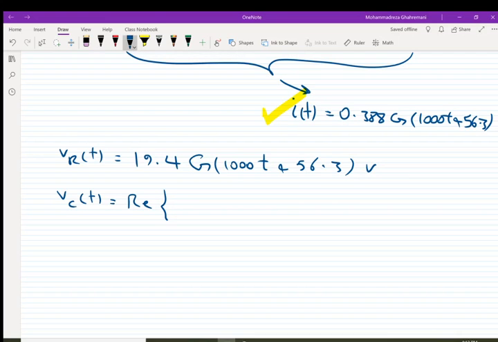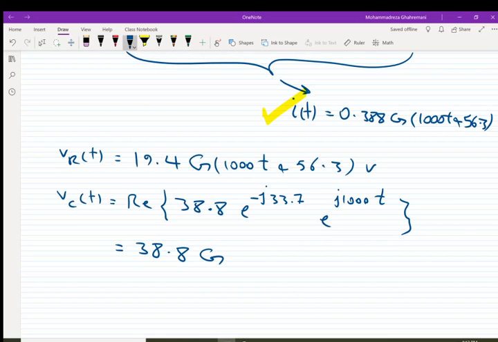It's the real part of 38.8 e to the negative j33.7 times e to the j1000t, which is equal to 38.8 cosine of 1000t minus 33.7.